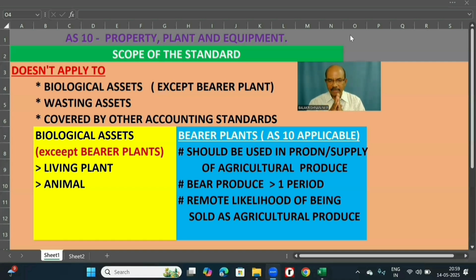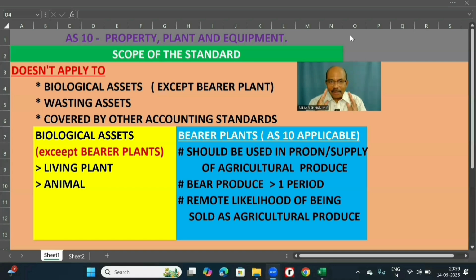Bearer plants. What are these bearer plants? Bearer plants are biological assets that meet the following criteria. Used in the production or supply of agricultural produce. I repeat, used in the production or supply of agricultural produce.